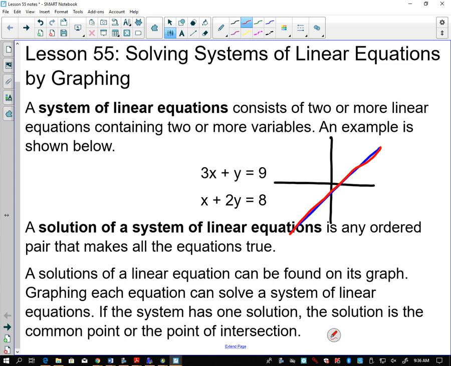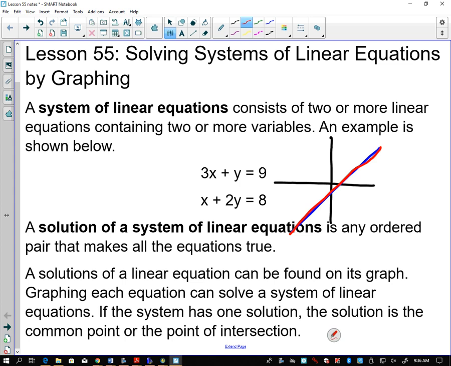Not only does it cross at any point, it crosses at every point. And how many points are there in a line? A lot. In fact, what is a word for a lot? Infinite. An infinite number of solutions.